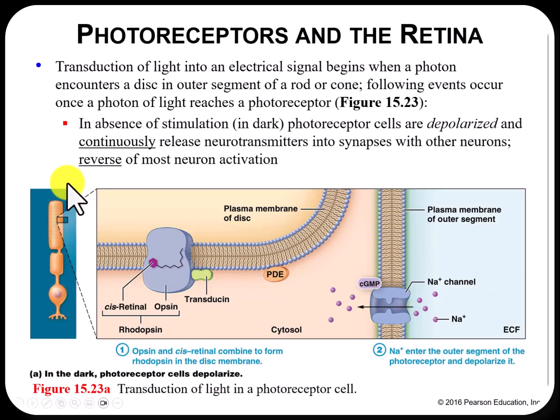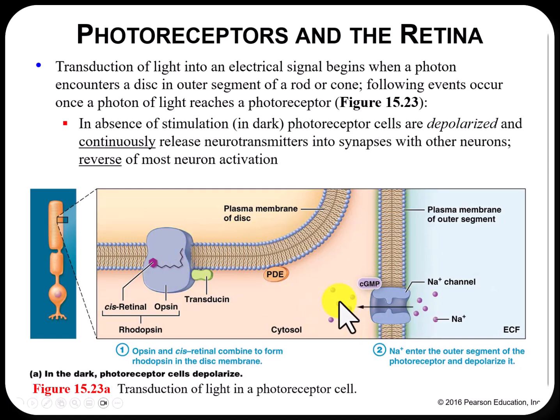And so here it is in the dark, so that's why it's in this dark field. When it's not activated, light is not striking it, so the photons are not striking these discs. Here is the plasma membrane of one of those individual discs, with the rhodopsin embedded in it, or the iodopsin if it was a cone. And you have the cis-retinal, it's inactive.